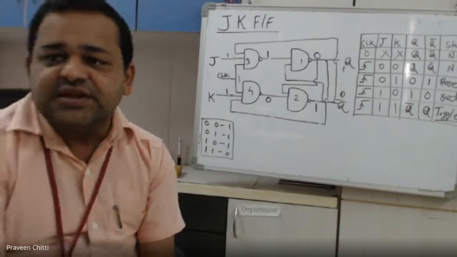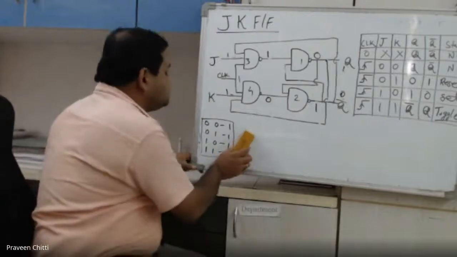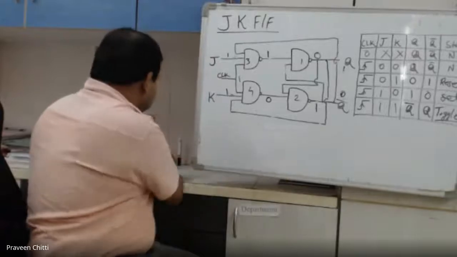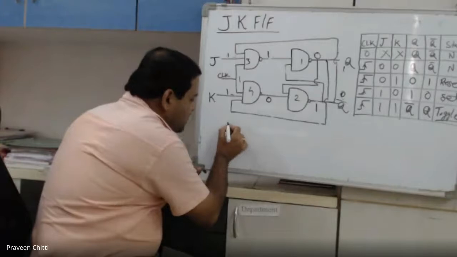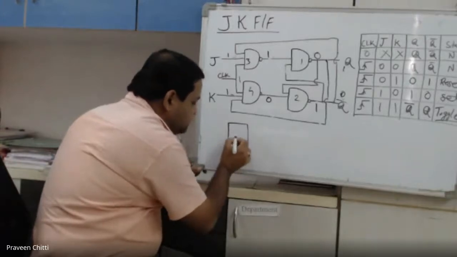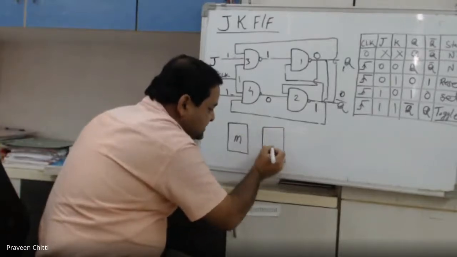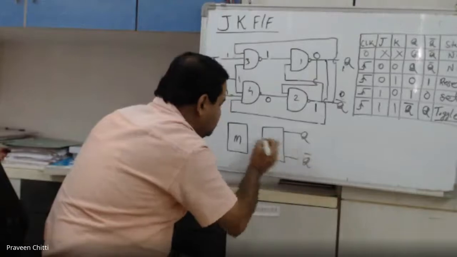To eliminate this race around condition in the JK flip-flop, we go for what is called the master-slave arrangement of the JK flip-flop. One JK flip-flop is used as a master, another JK flip-flop is used as a slave, and we can get the two outputs Q and Q bar.